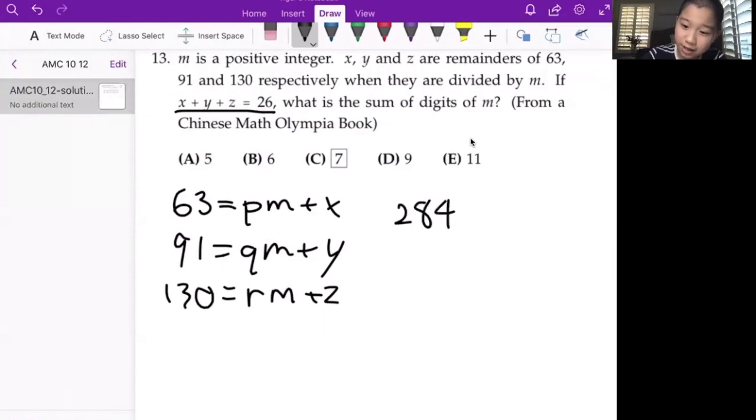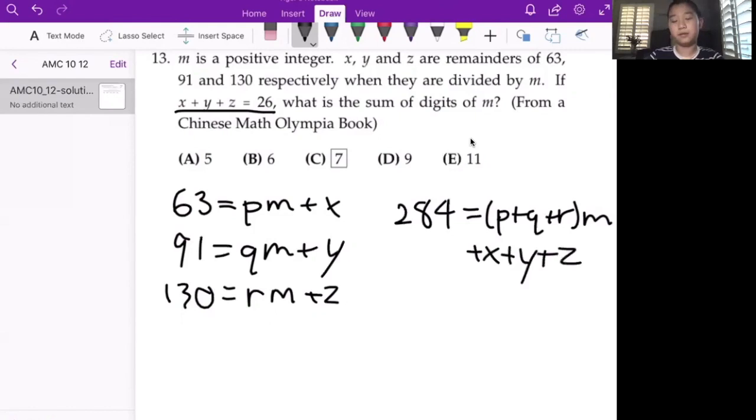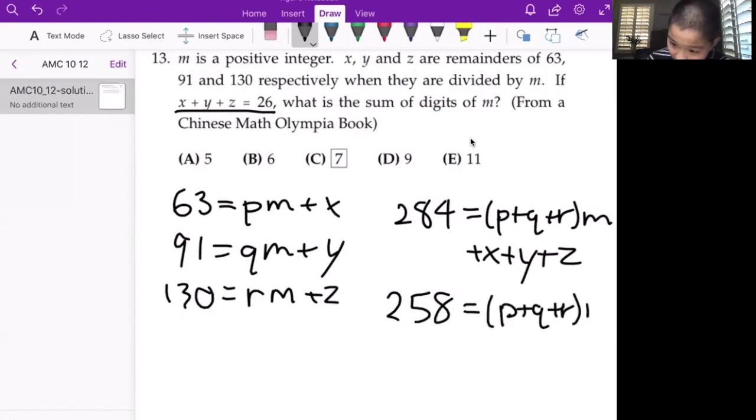So 284 equals p plus q plus r times m, plus x plus y plus z. So x plus y plus z equals 26. So we subtract 26 from both sides and we get 258 equals p plus q plus r times m.